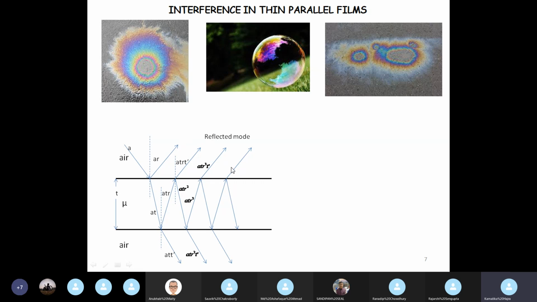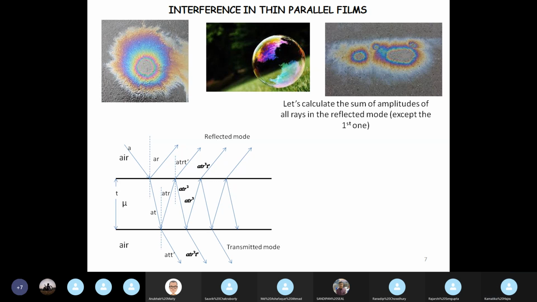Therefore this entire mode is called the reflected mode. Whereas all the rays that come out from the bottom of the layer form the transmitted mode, once again because the first ray in this portion is a transmitted ray. So this entire mode is called the transmitted mode.